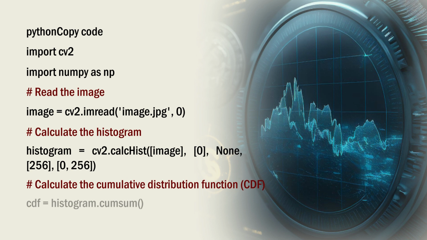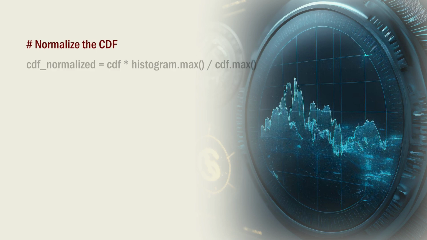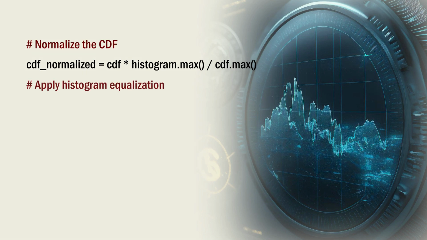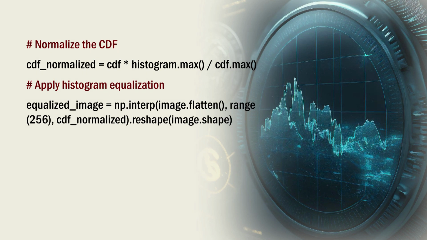After that we calculate the cumulative distribution function, that is called CDF, and we calculate the overall sum of that CDF. Then we normalize the CDF using the normalize function, and after that we apply histogram equalization. This is our main target, to get the histogram equalization format.